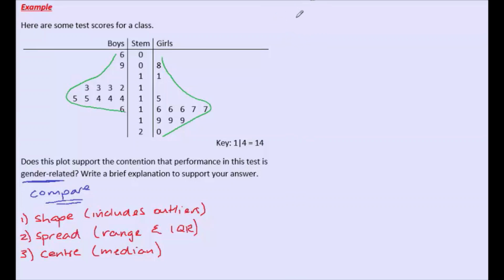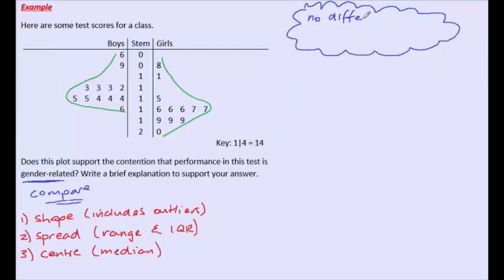If they're the same, it does not. So I'm going to make a little note here that I'm thinking, if there's no difference, then it doesn't support the contention that they're gender related. So I'm going to write here, no difference means no support.